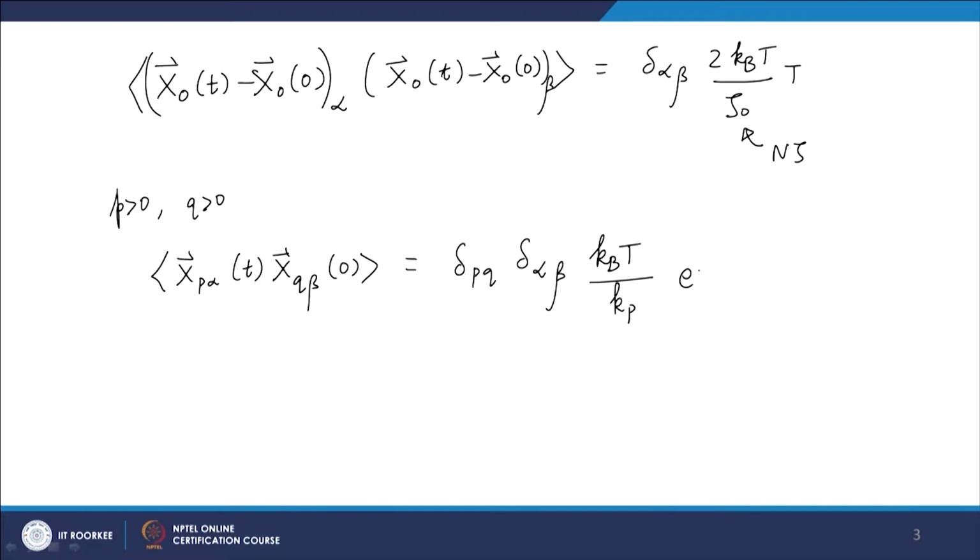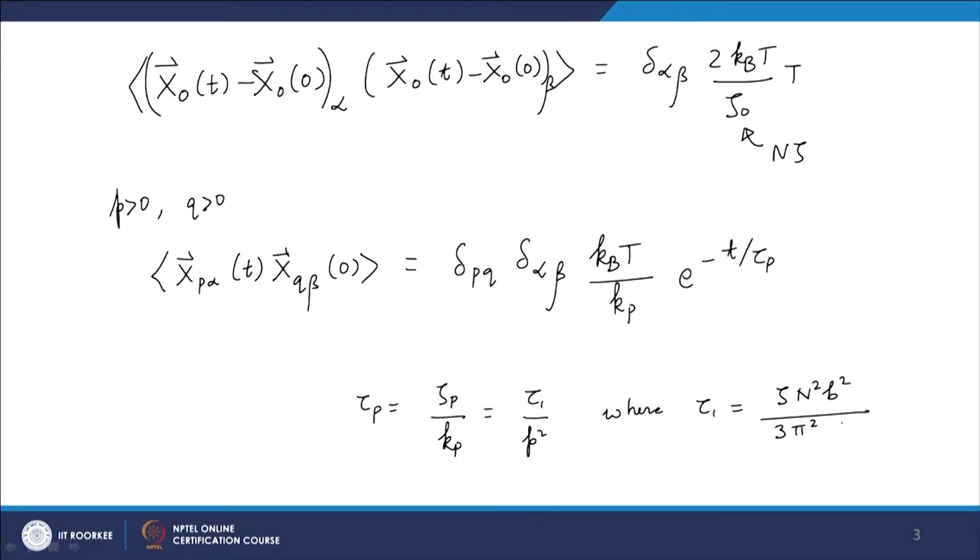I am not deriving the full expression, I only put the final result here, where tau p is given as zeta p by Kp and is equal to tau 1 by p square, where tau 1 is what we get for p equal to 1. This is for an ideal chain.